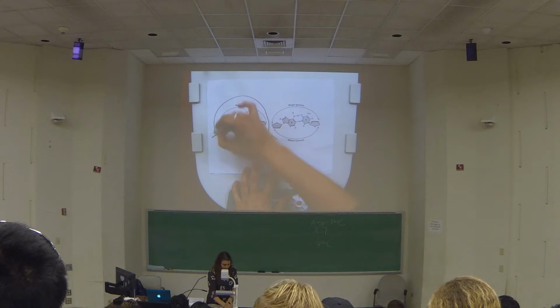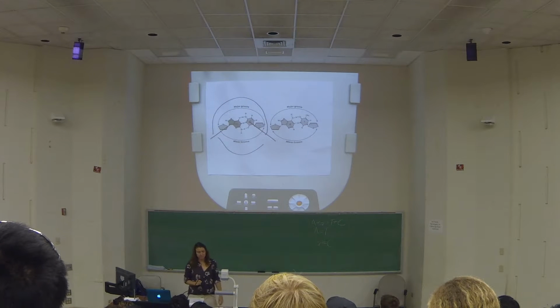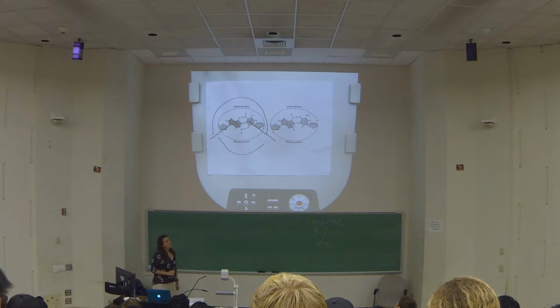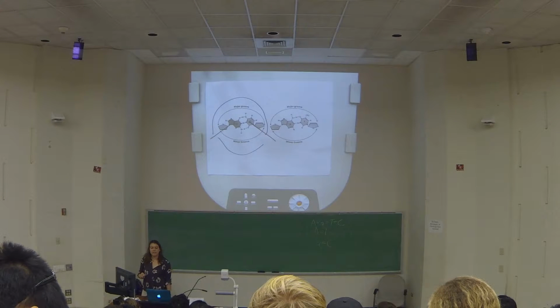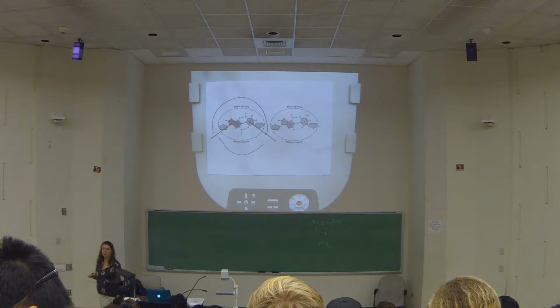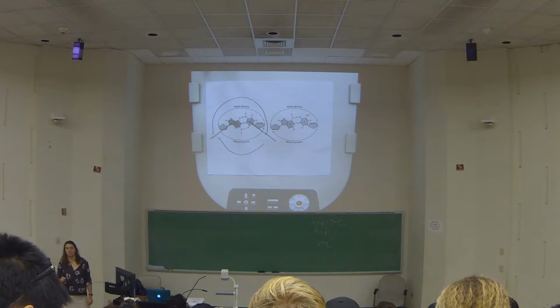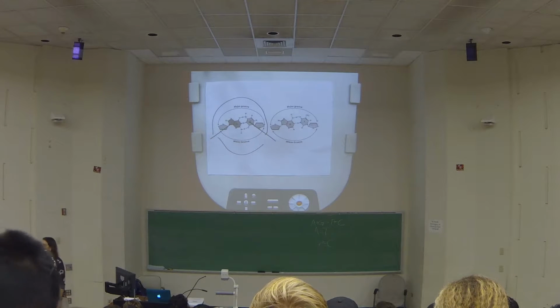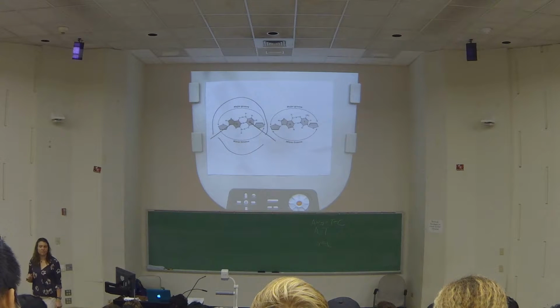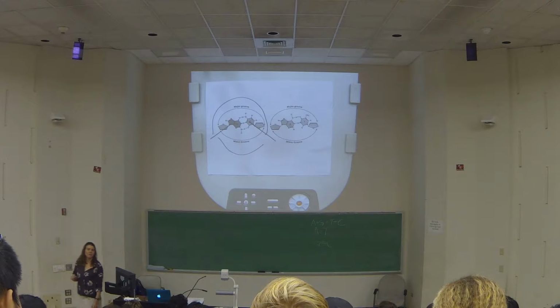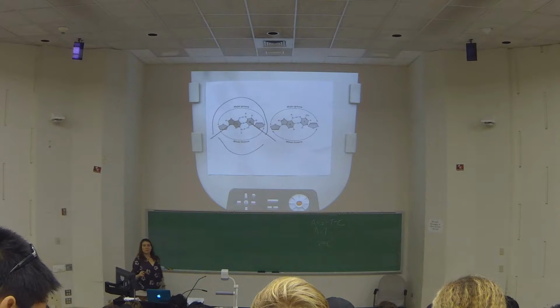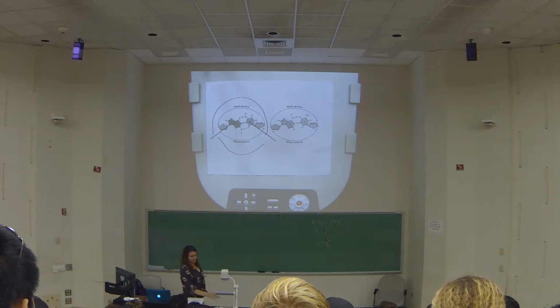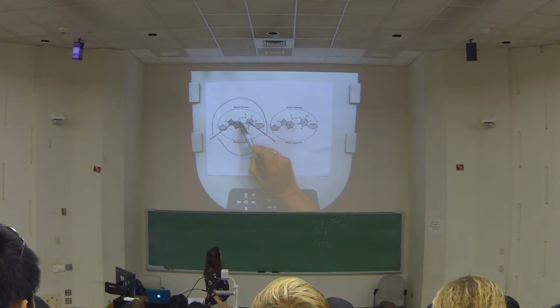Major groove, minor groove. What do you see in each of those grooves as far as the bases are concerned? What's sticking out? Some of our functional groups.